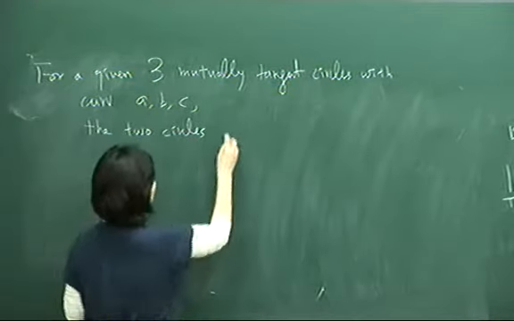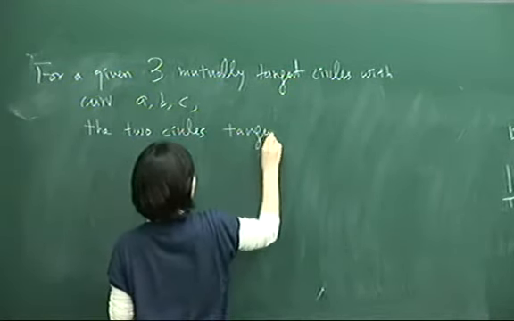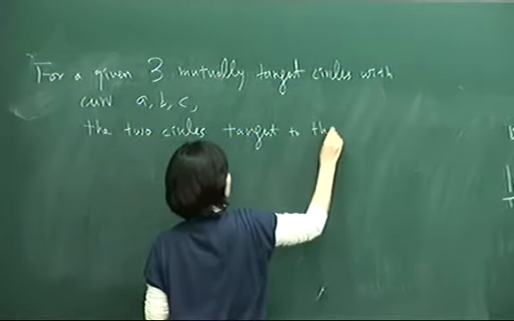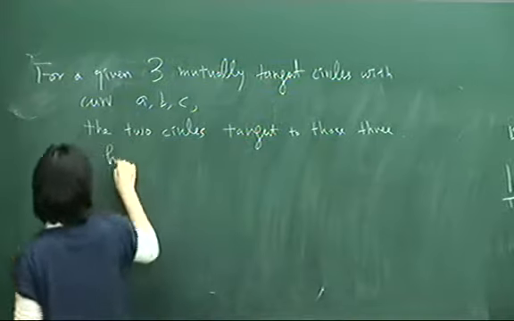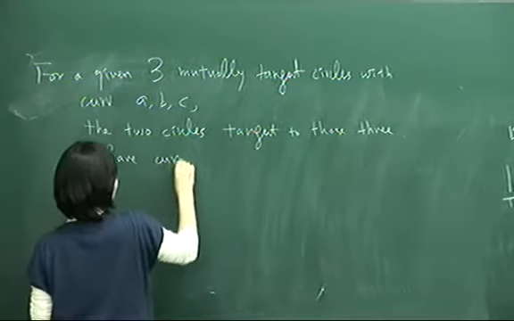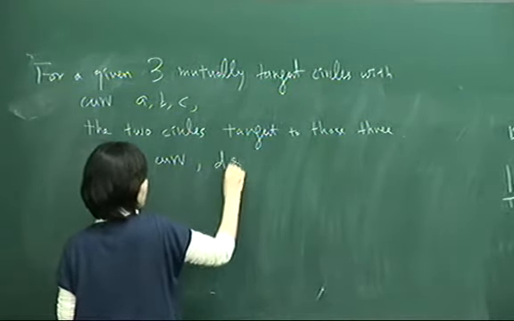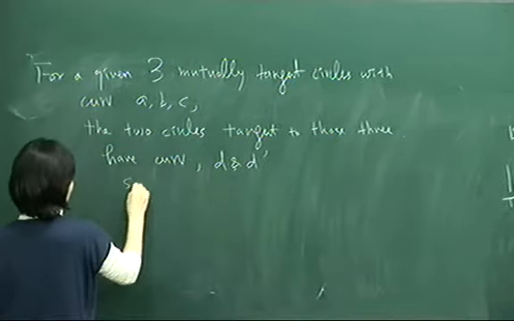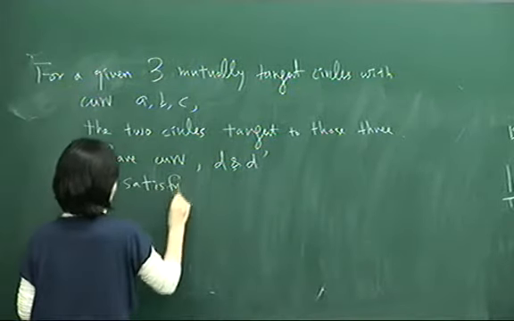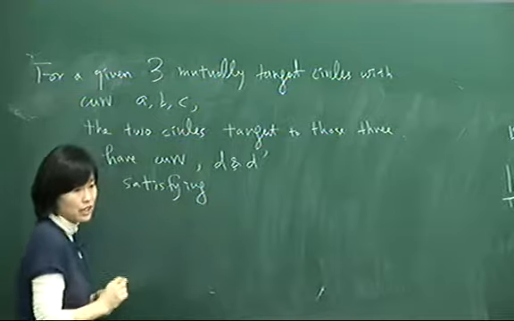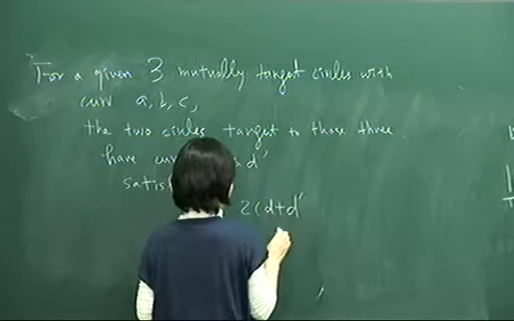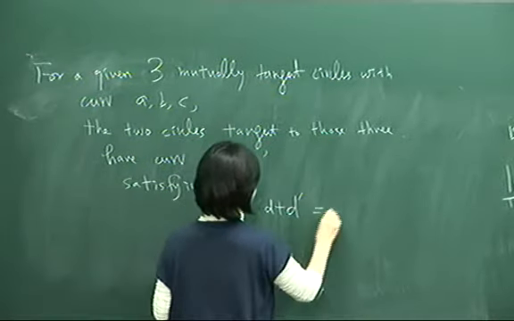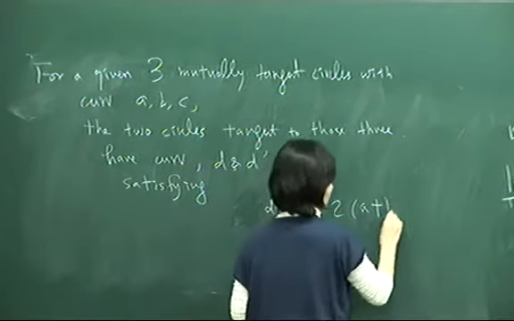The 2 circles tangent to those 3 have curvatures, say D and D prime, satisfying the following linear equation. D plus D prime has to be twice A plus B plus C.